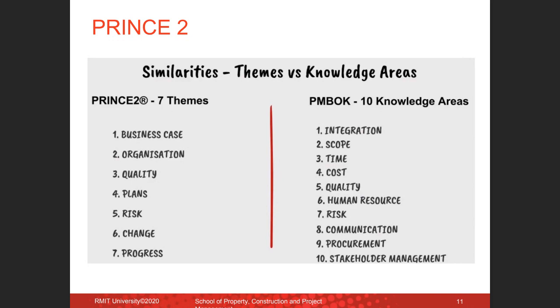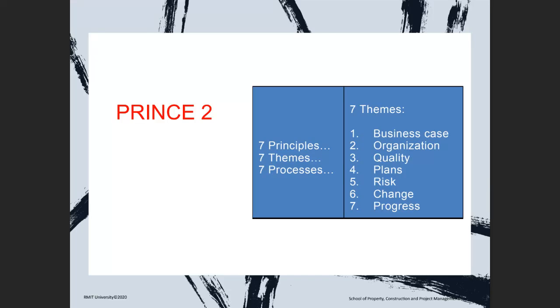That's one of the themes as well. So someone who has knowledge of PMBOK can easily sort of learn how to use Prince2 as well, because you have the underlying knowledge areas that are quite similar to the 7 themes discussed in Prince2. So with the 7 themes, if you remember, there are business case, organization, quality, plans, risk, change, and progress.